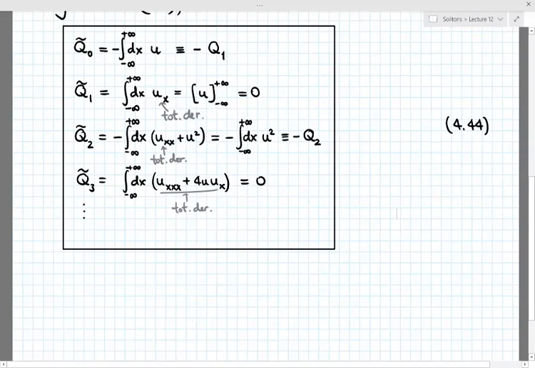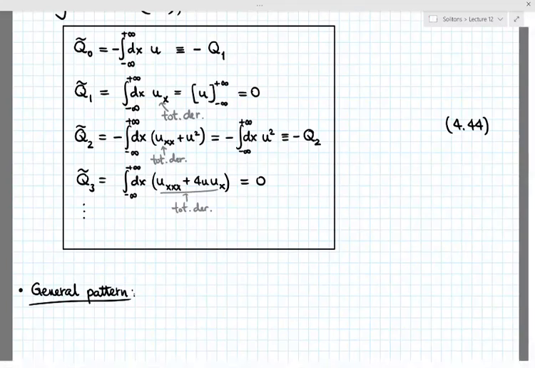As you can probably guess, there is a general pattern. If you're interested in a proof of this general pattern, please look at the book by Drazin and Johnson.